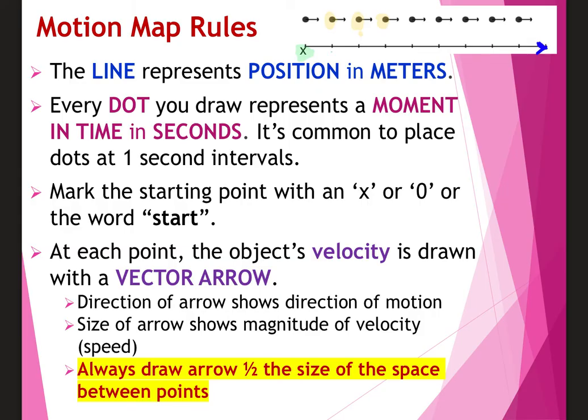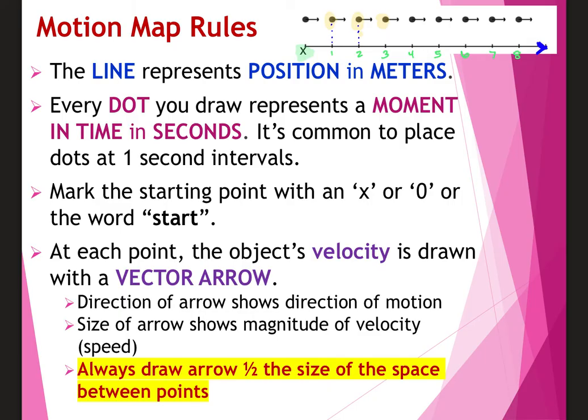So let's say this is 1 meter, 2 meters, 3, 4, 5, 6, 7, and 8. If I look at this first moment in time that I have highlighted, that tells me that the object at that moment is at 1 meter from the starting line. The next object is at 2 meters. So the dot is placed at the position where the object is at every moment in time.